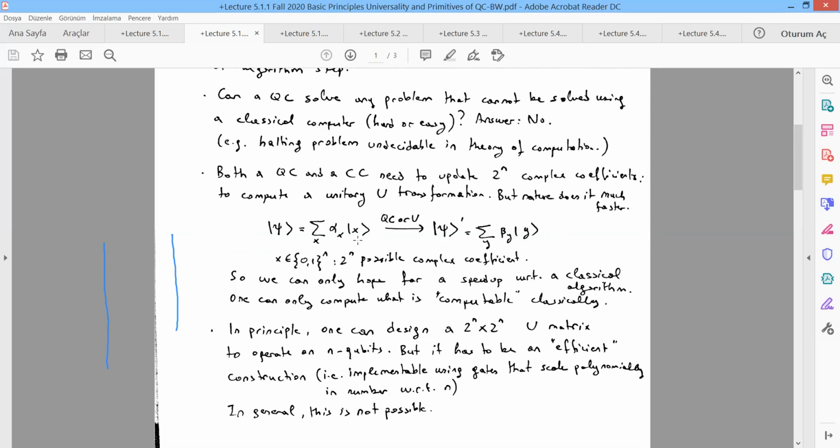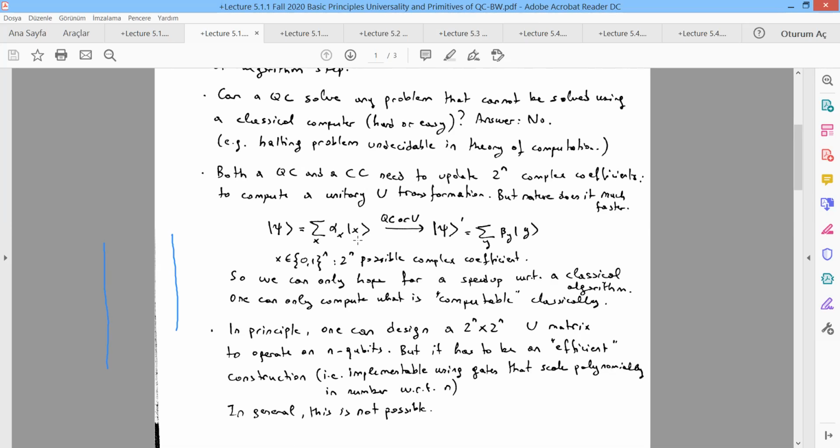So one can only compute what is computable classically. So the only thing that we can hope from a quantum algorithm is some sort of a speed up with respect to a classical algorithm. We can achieve a speed up, but if a problem is not computable, there's no way we can compute it using a quantum computer. That's one aspect.